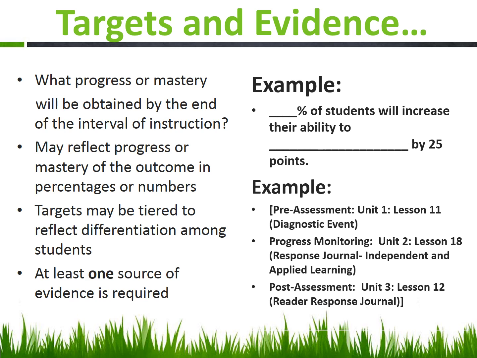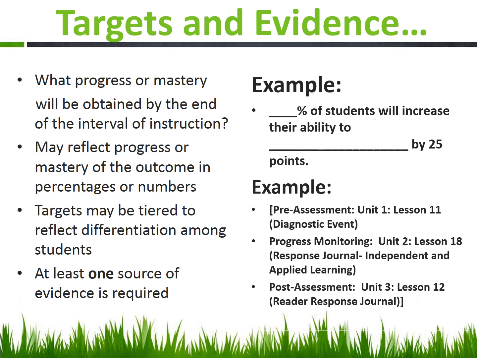An example could be 85% of students will increase their ability to solve linear equations by 25 points. Another example, depending on different content areas, could be their ability to use primary resources. It could be their ability to create a theme or a thesis statement.